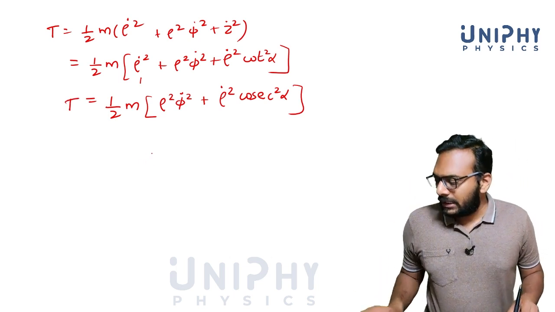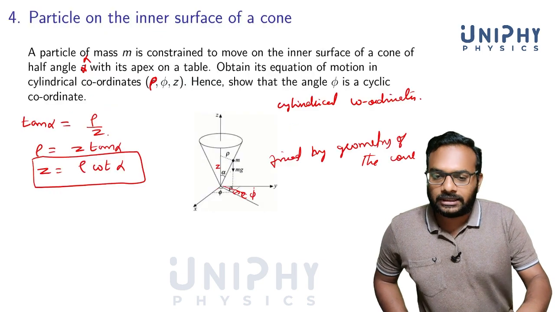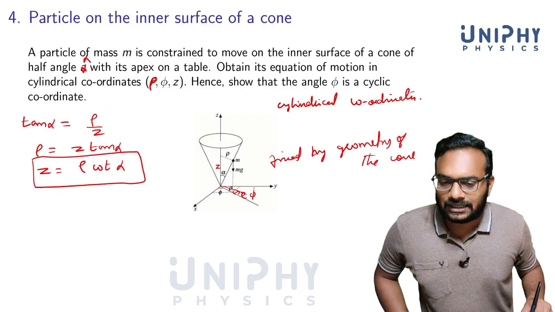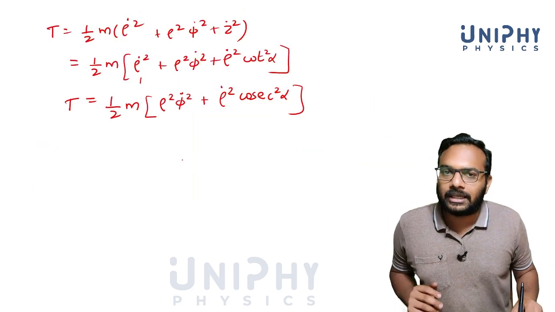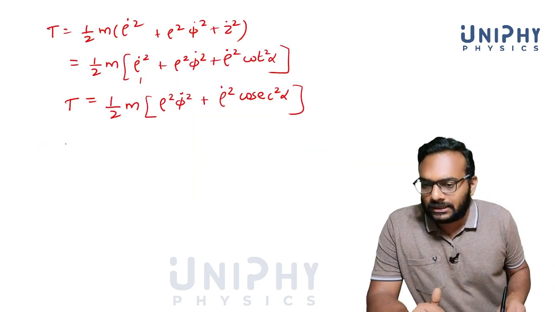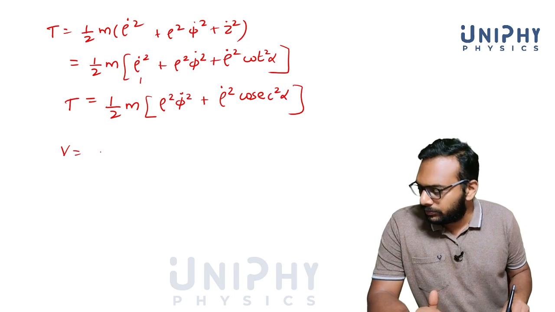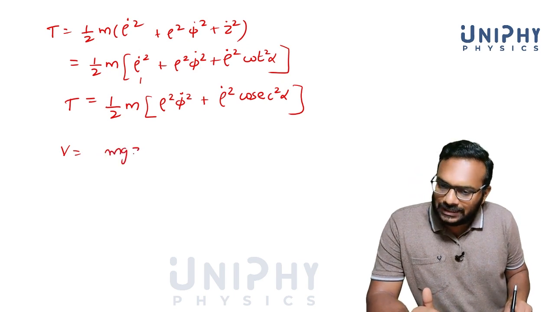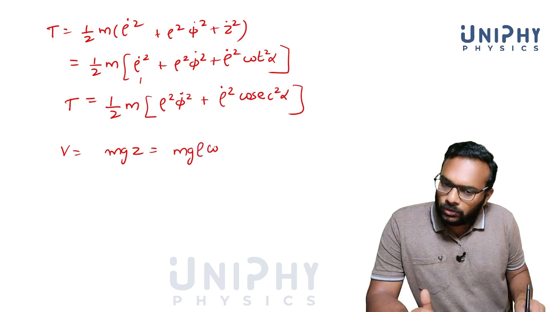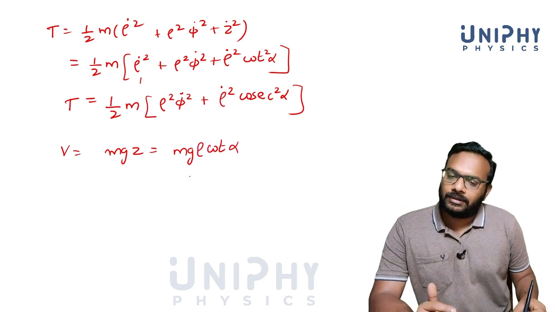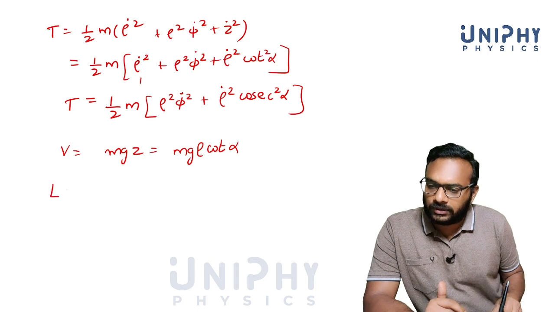And what's the potential energy? We have to fix the reference point. We can fix this as the reference point, 0. So z will determine the potential energy. V is equal to mgz, and that's equal to mg rho cot alpha. So we have got the Lagrangian now.